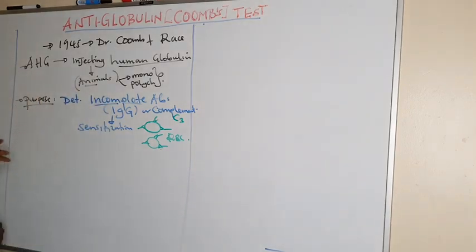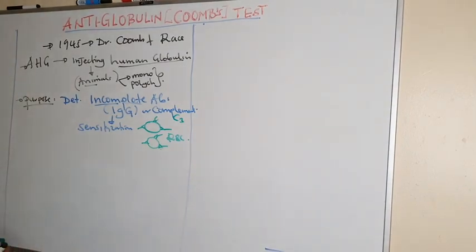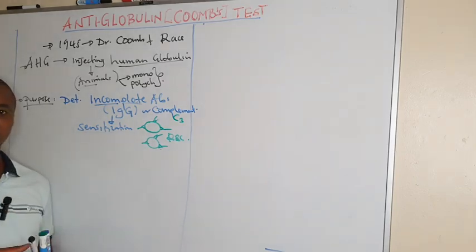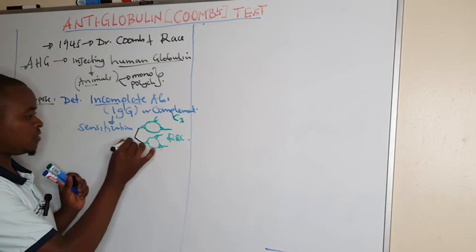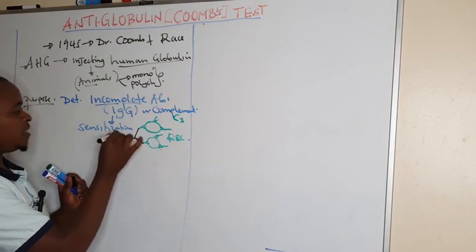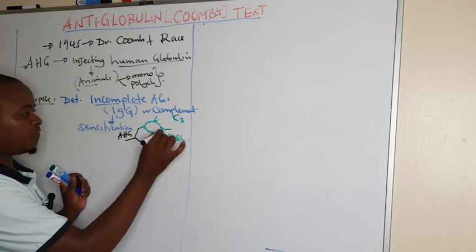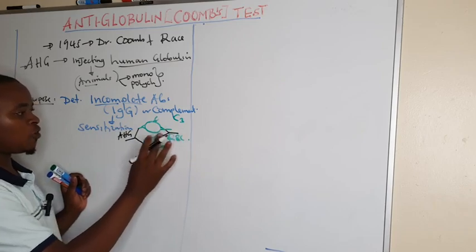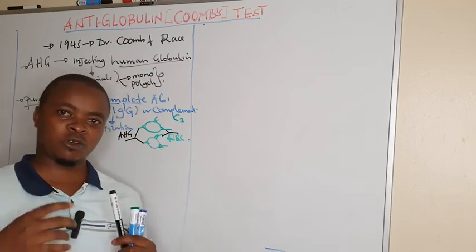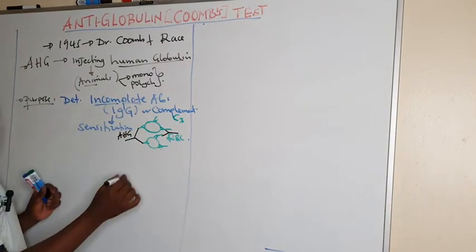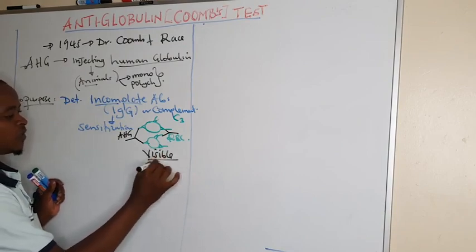When anti-human globulin is added to these incomplete antibodies or the complement, it causes visible agglutination by cross-linking them. So if I add anti-human globulin reagent, it causes visible clumping or agglutination by cross-linking these incomplete antibodies or the complement.